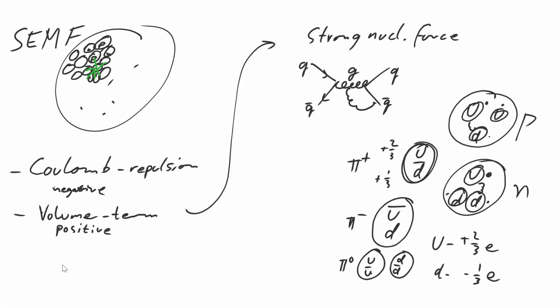And so I can exchange those pions between protons and neutrons, and that virtual pion exchange is what's causing the attractive strong force. So the strong nuclear force by meson exchange.